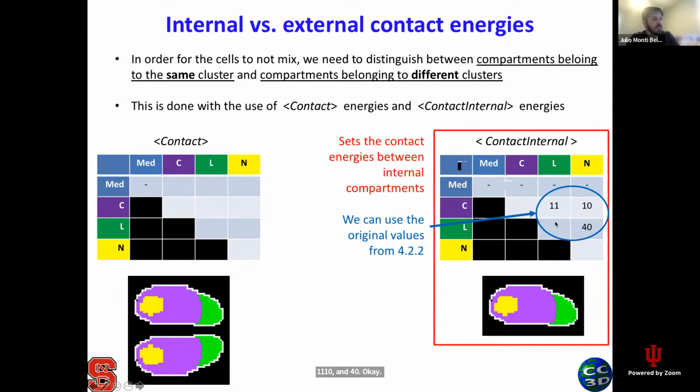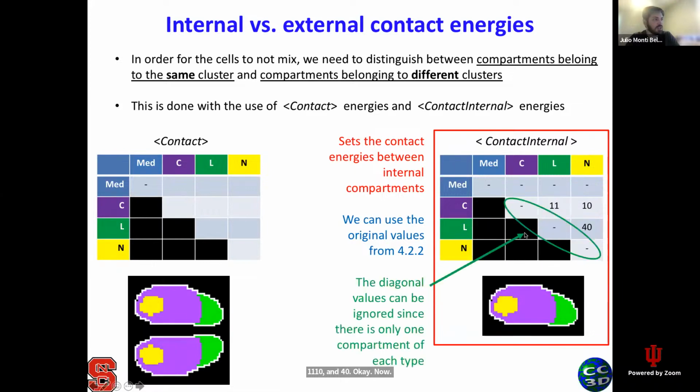Now, these diagonal values here can be ignored because our compartments, or clusters, only have one copy of each cell type. So they only have one nucleus, one cytoplasm, one lamellipodia. So these energies here are never used, okay?